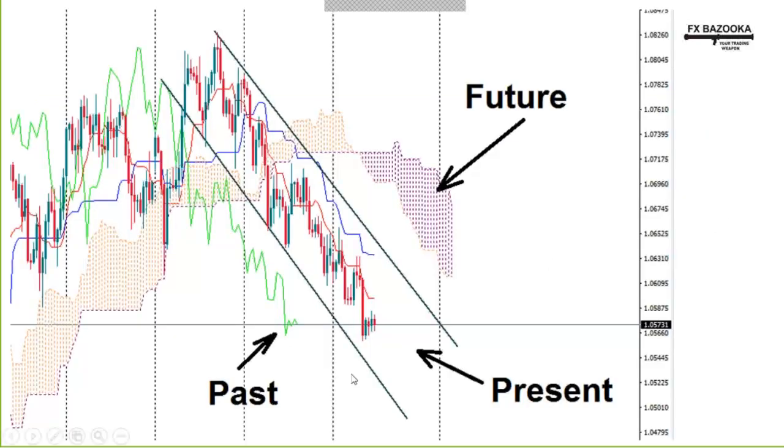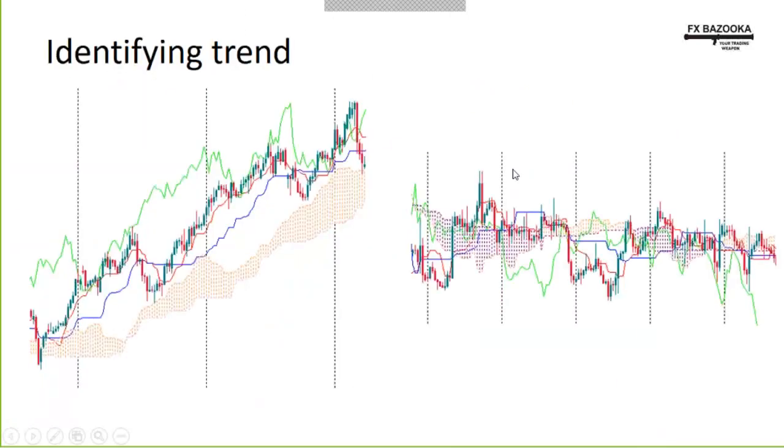Here I just have once again this future, present, past thing, and well, we move to the usage of the indicator. One of the aspects for which we can use the indicator is to identify a trend.